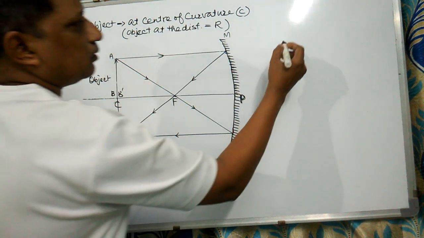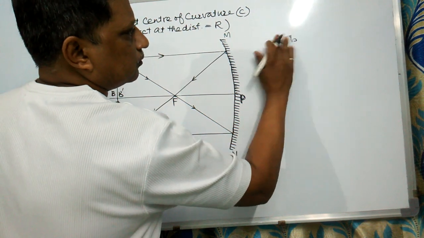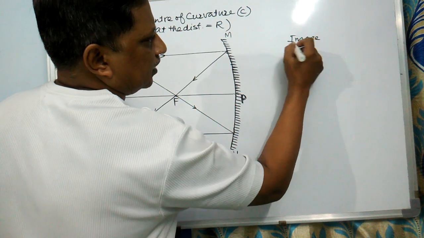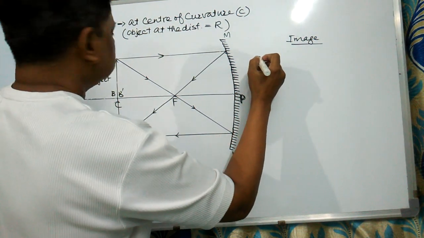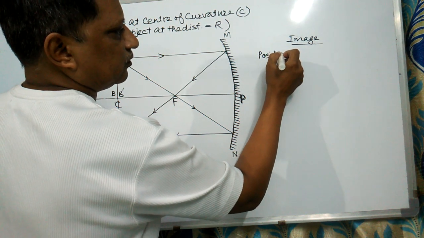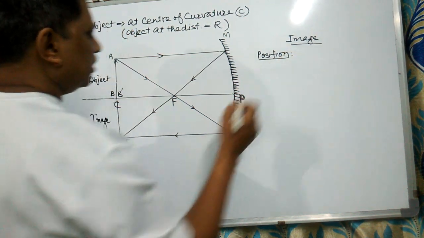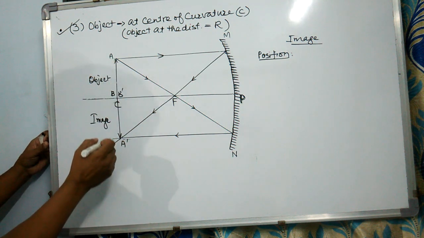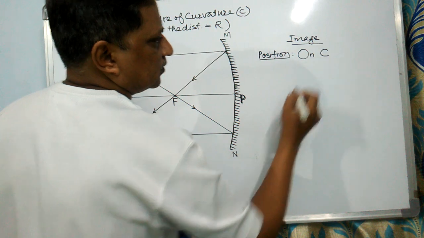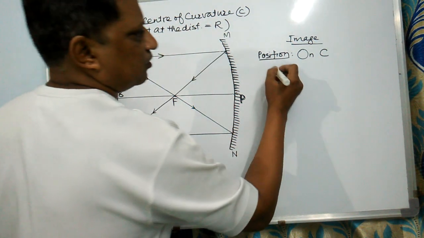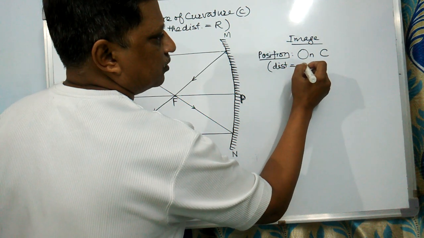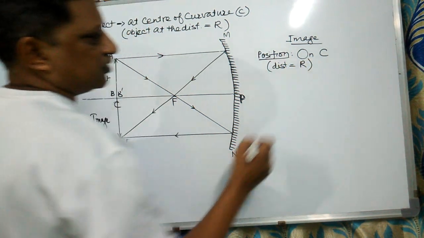Now, image position. The image is obtained exactly on the center of curvature, or at a distance equal to the radius of curvature.